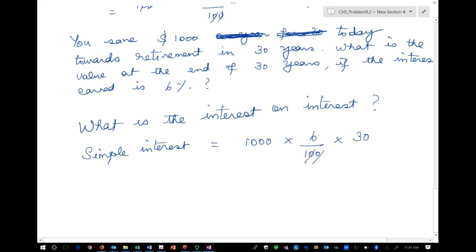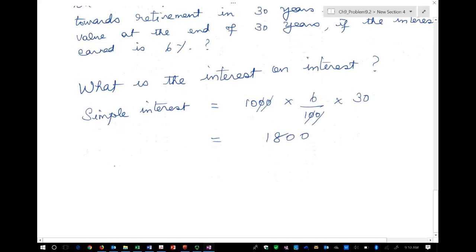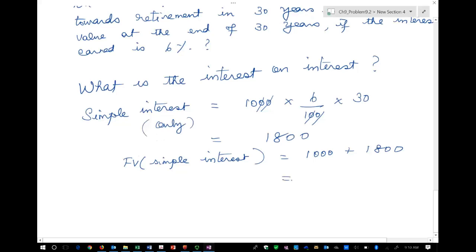So, if I calculate this, this is my simple interest, right. So, my future value using simple interest would be 1000 plus 1800. Remember, this is only the interest, okay. This is interest only. So, that would be 2800.